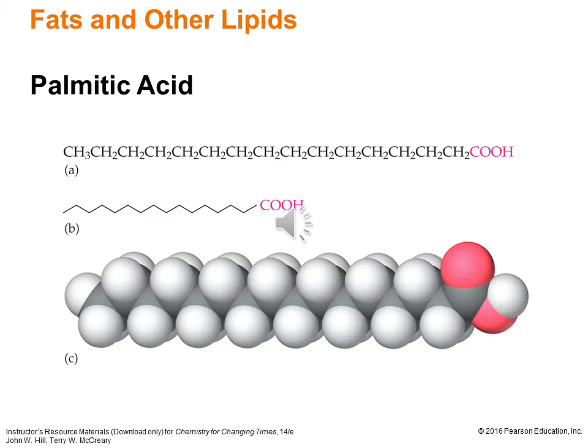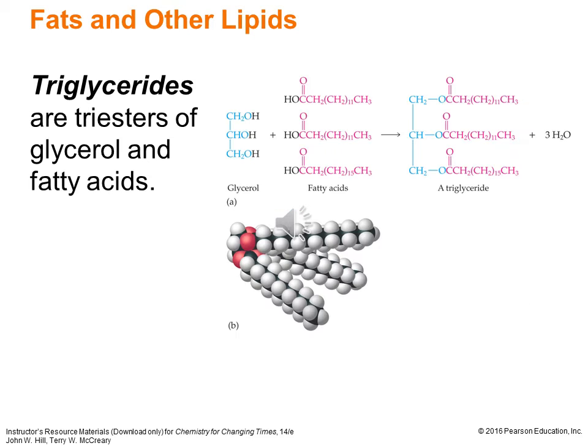If we were to arrange these things, the non-polar tails would all be attracted to each other, and the polar head groups would be facing out toward the water present in any cell. So we have a polar head group, and then a non-polar tail for these fatty acids.